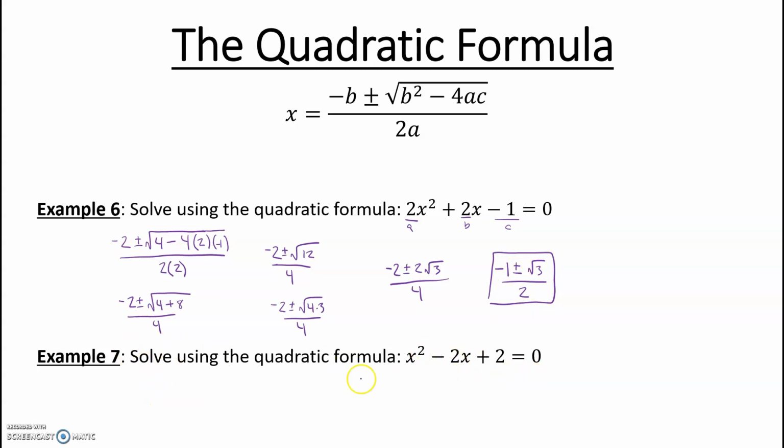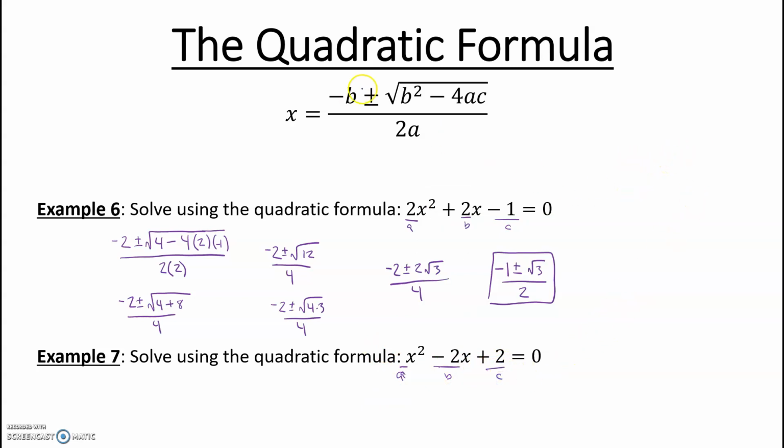Let's do another one. Might actually do this down the side so I have more room instead of writing at the very bottom. So we have A, which is technically 1. B, which is negative 2. And then C, which is 2.